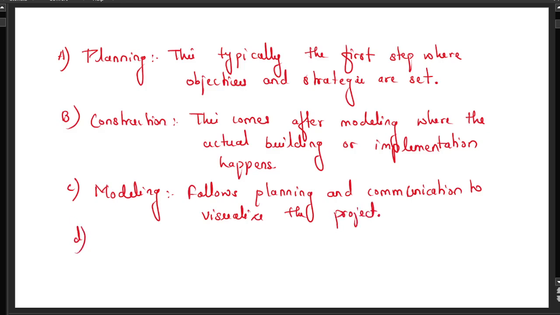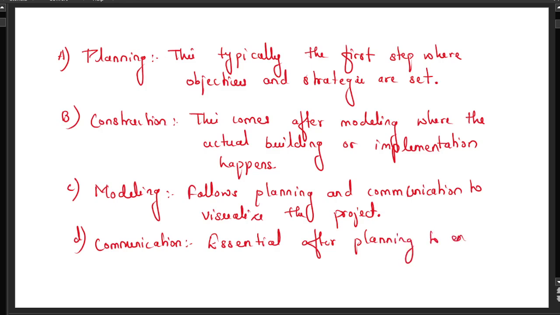D here is communication. So communication means essential after planning, to ensure all stakeholders are informed.